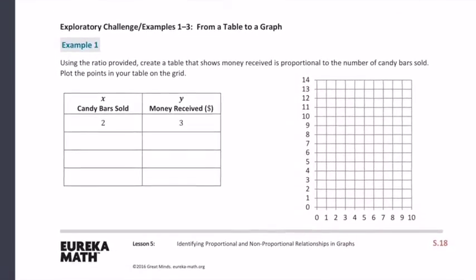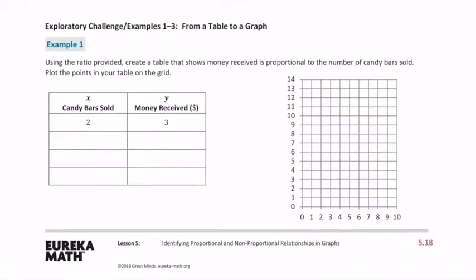Alright, let's jump into our examples, or our lesson for today. It says, using the ratio provided, create a table that shows money received is proportional to the number of candy bars sold. So now we're starting with a clean table and we want to fill in some information.